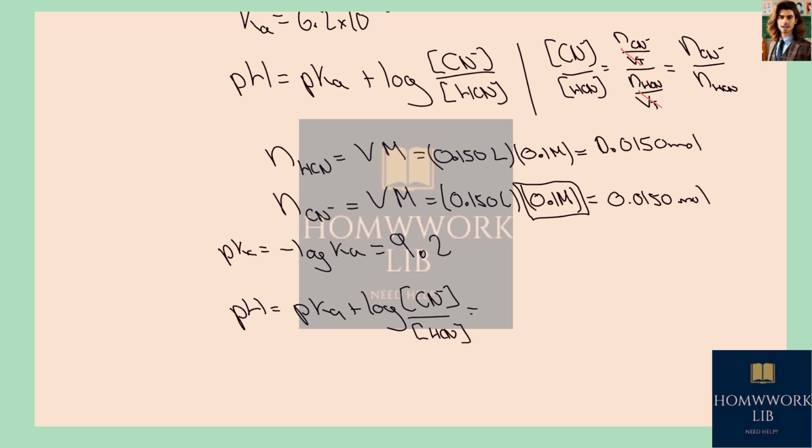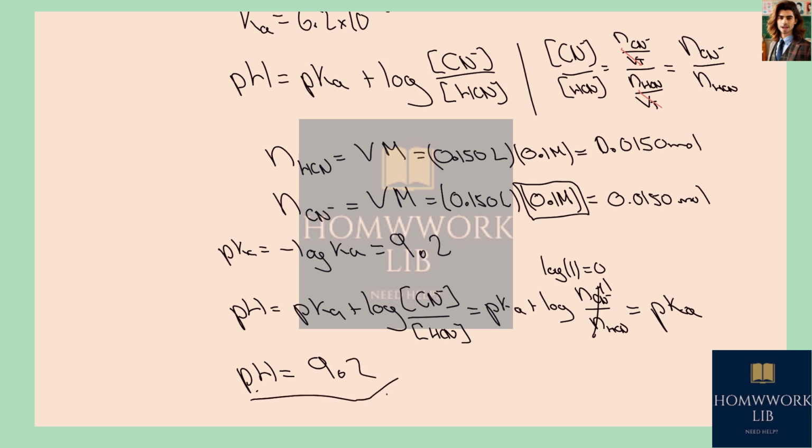We showed that this is equal to pKa plus the logarithm of the amount of moles of CN minus divided by the amount of moles of HCN. And since both of these are equal, this would be 1, and the logarithm of 1 is equal to 0. So the pH becomes equal to the pKa of the acid, and the pH would be equal to 9.2.